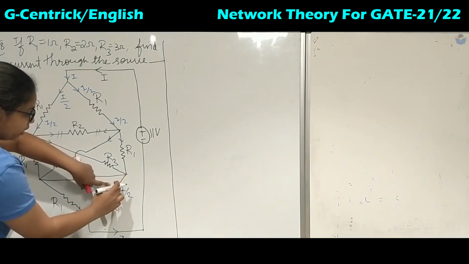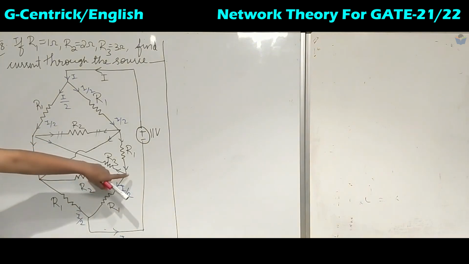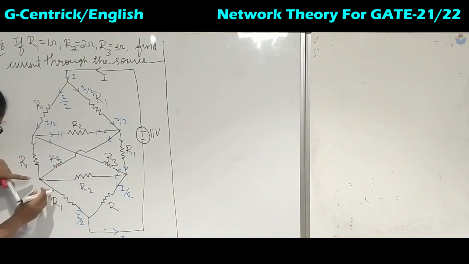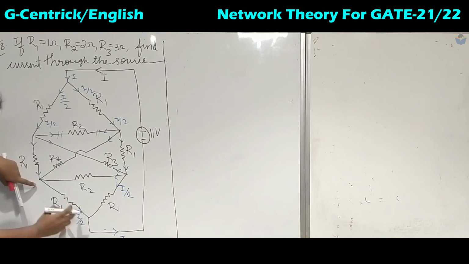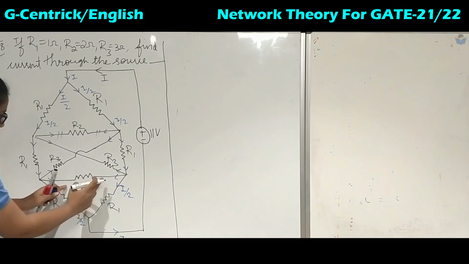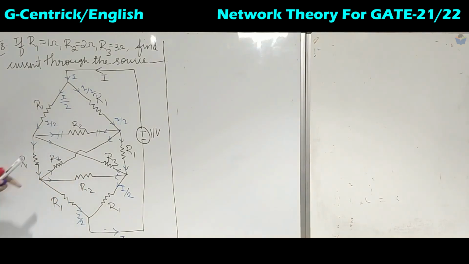So when it has to be I by 2, again the division takes place in 3 ways. Similarly in this part also, if I by 2 current has to flow in this branch, then it must get divided here. Some part goes in the R2 branch, the R3 branch, and from R1 it is incoming.